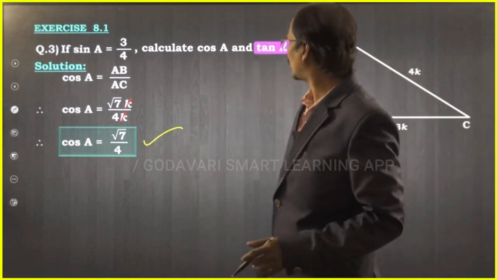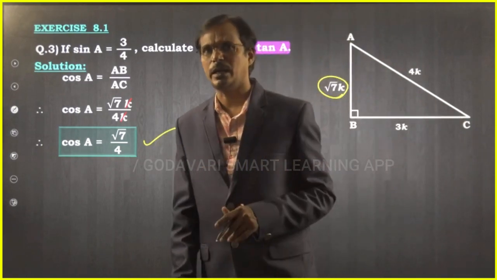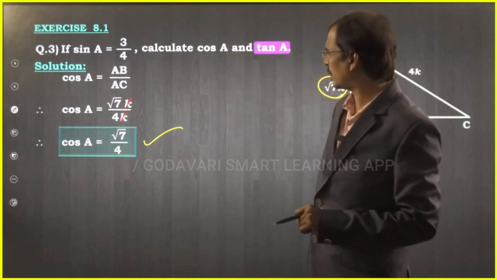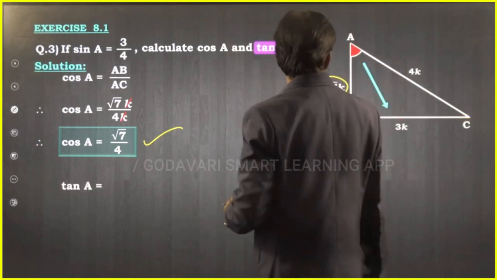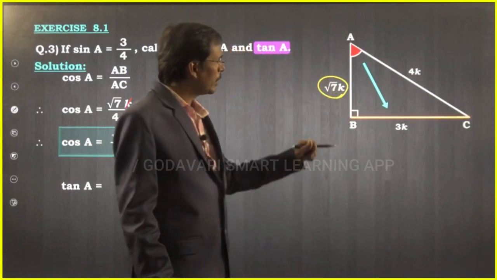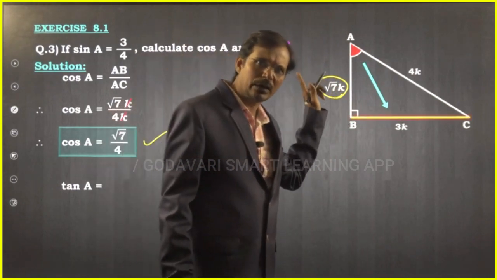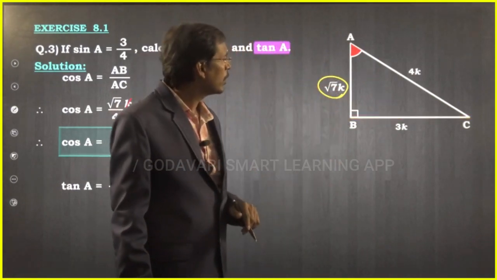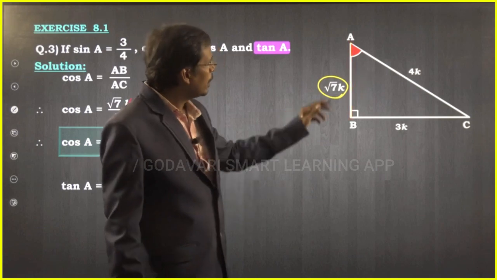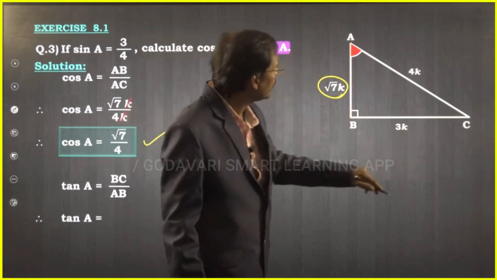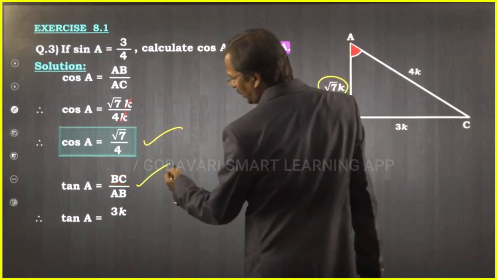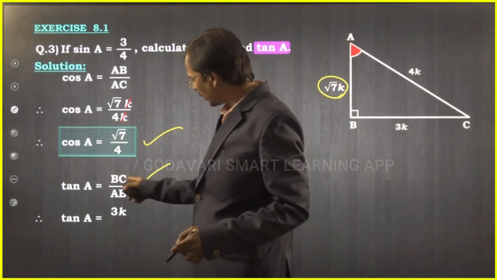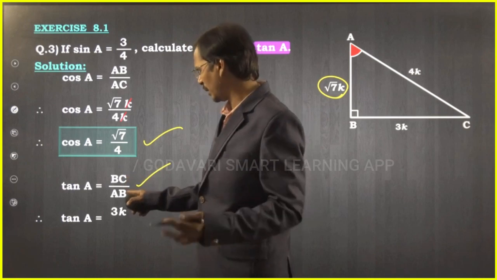And another one, we have to find tan A. Tan A is nothing but, from the diagram, opposite side by adjacent side. Opposite side is BC, adjacent side is AB. So BC by AB, opposite side by adjacent side.